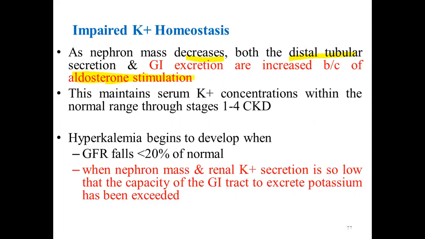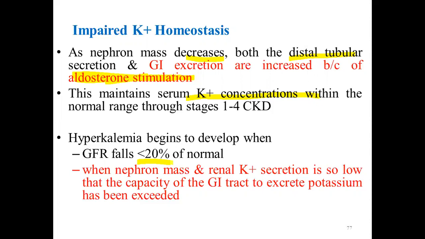So between stage 1 to 4 patients, the serum potassium concentrations are within the normal range because some nephrons can overactivate aldosterone, which promotes excretion. But if a patient reaches advanced stage 5, where the GFR is usually less than 20% of normal, it is beyond the capacity of the kidney to eliminate excess potassium.